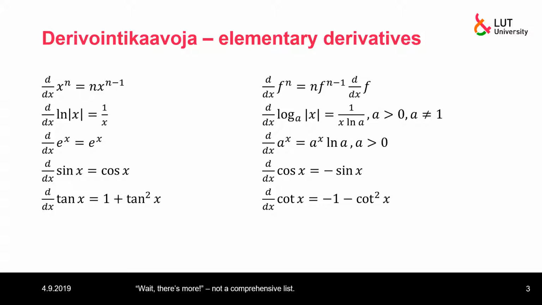So basics, if you have a power, then you reduce the power by 1 and take the power as a multiplier of the derivative. Then some power of the function works exactly the same way.